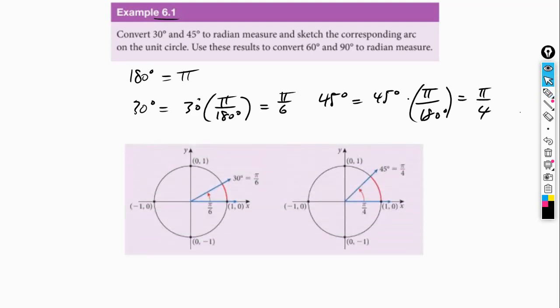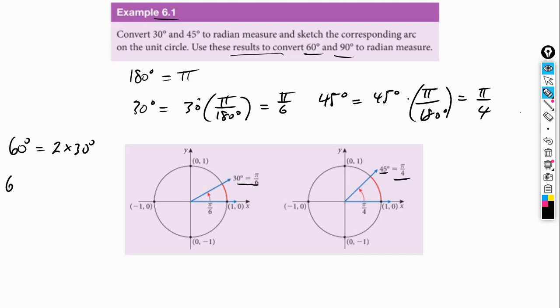So this is what it would look like on the unit circle. So notice that 30 degrees is equal to pi sixth radians, and 45 degrees is equal to pi fourth radians. Next, they want us to use the results to convert 60 degrees and 90 degrees to radian measure. But notice that 60 degrees is simply going to be 2 times 30 degrees.